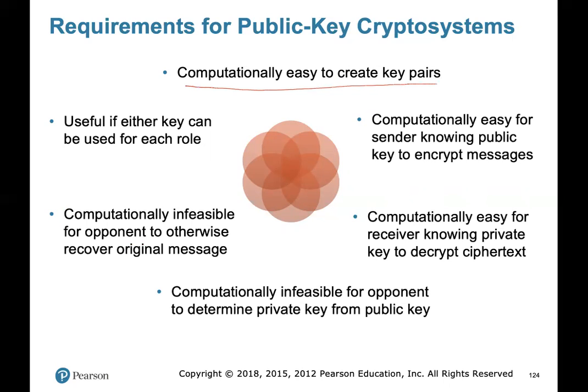So key generation should be computationally easy. We don't want something whose key generation is very complicated and needs many cycles or many rounds and takes power and computational power of our computer. So the key generation should be simple and easy. And this is what we see in, for example, RSA and also in Diffie-Hellman, that the key generation is very easy.